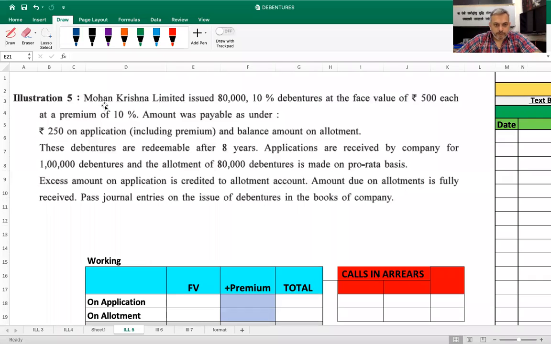Okay, so Mohan Krishna Limited issued 80,000 10% debentures at a face value of 500 each at a premium of 10%, that is 50.